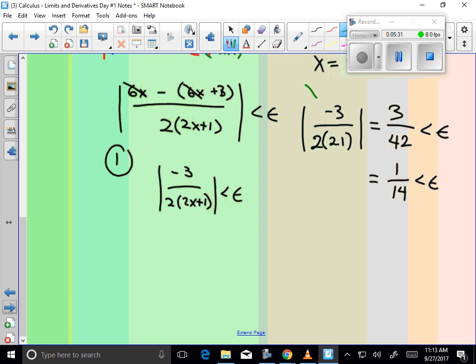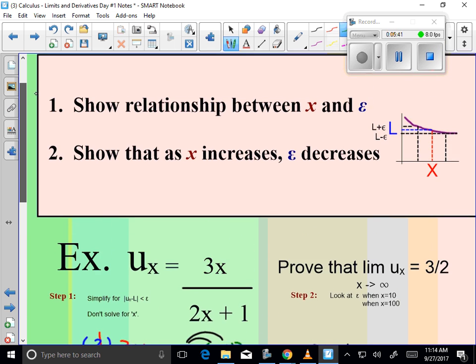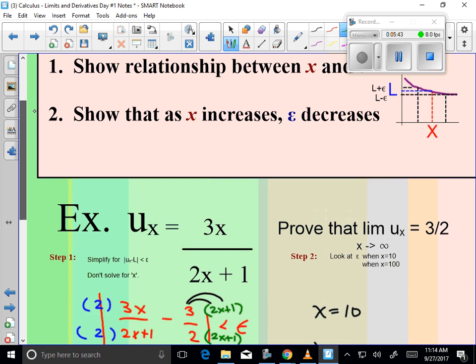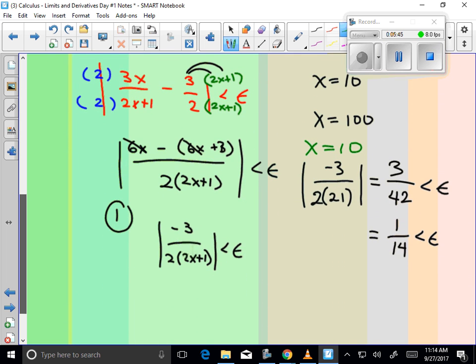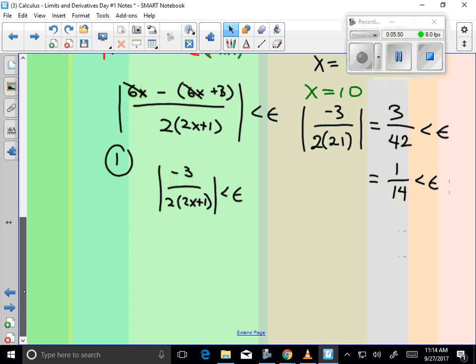We've shown that if x equals 10, this value, epsilon, will be less than 1/14. Now what we want to do is also plug in 100. I'm assuming that you're already with me on this. When I plug in a larger number in the denominator, it's just going to make that value smaller.